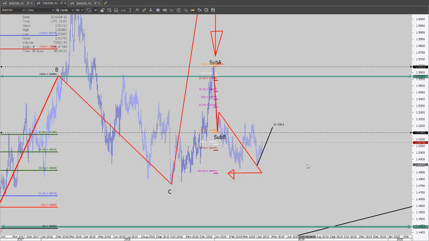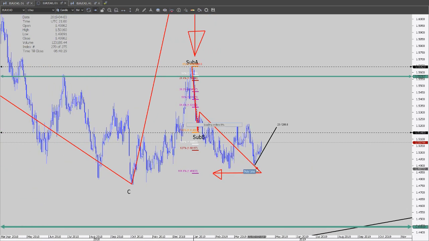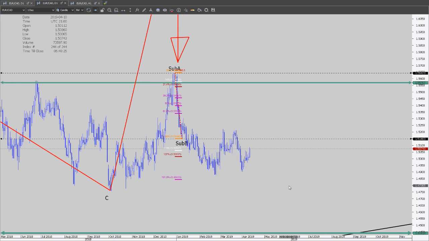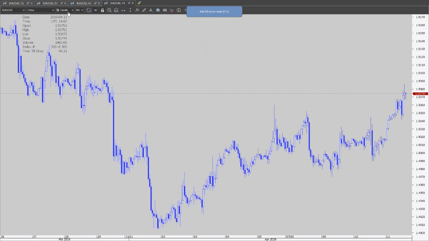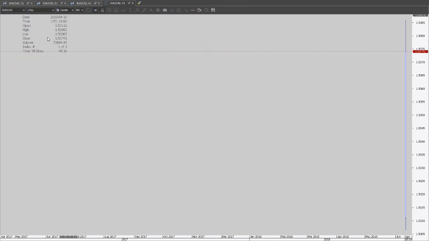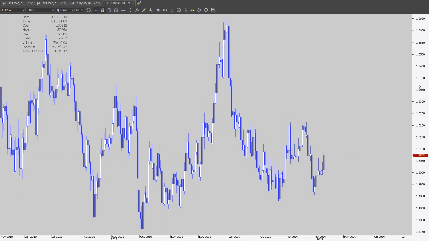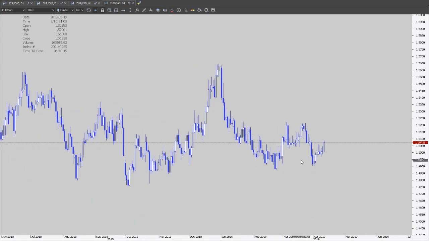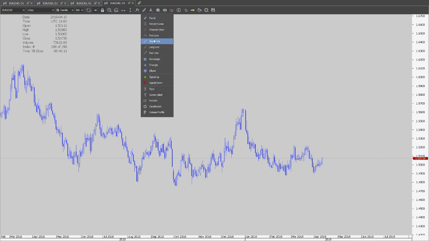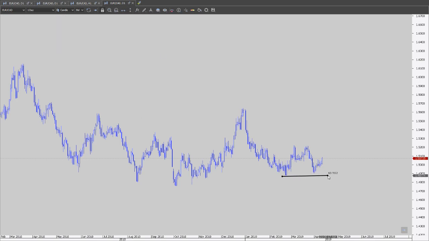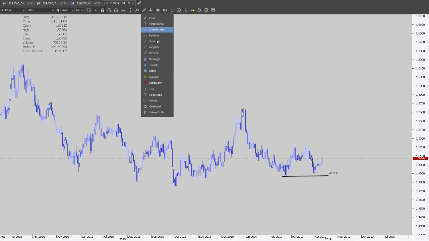Okay, and bear in mind that maybe, just maybe, we are locked. Just maybe. I'm going to open a new one, EuroCAD daily chart. Okay, this is the daily chart. Just maybe remember that we can be locked inside this sideways channel.